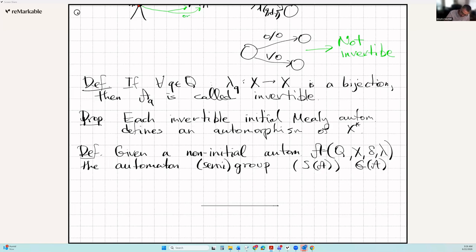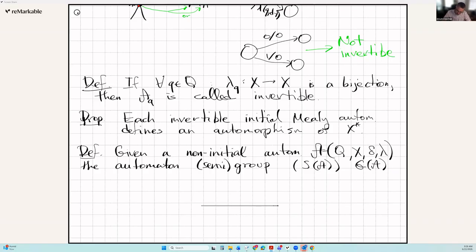And I wanted to add invertible, but invertible corresponds to groups, not to semigroups. Right, so let's just write it as is.